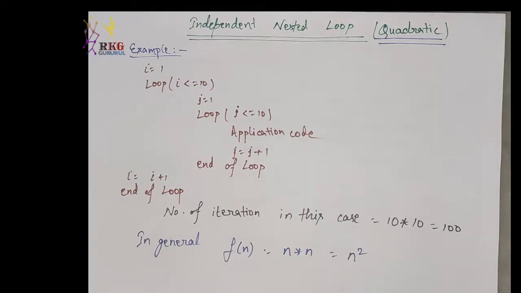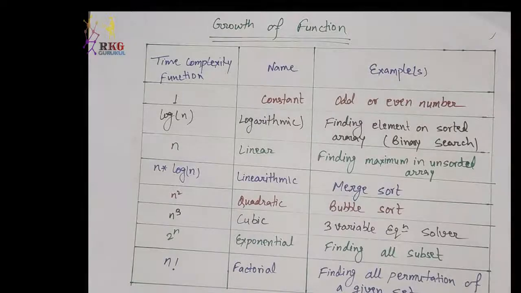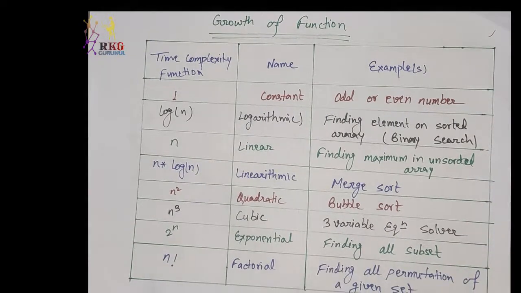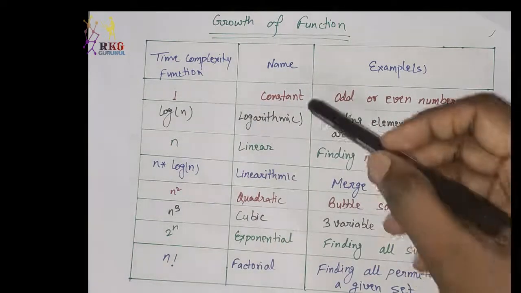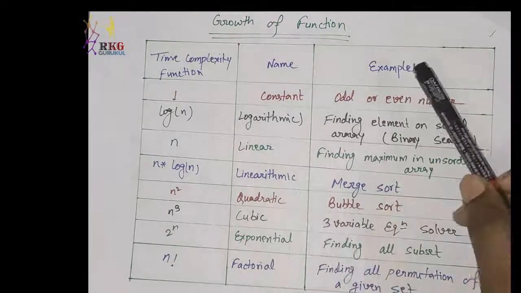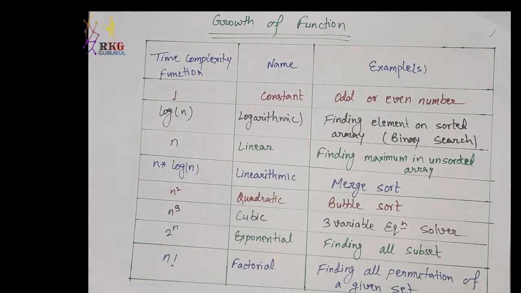After analyzing different types of loop structures in algorithms, we will get different types of time complexity functions. And we say that this complexity function is a growth of function. So that is written in this form. These are the time complexity functions, names of those functions, and examples of these types of time complexity functions.